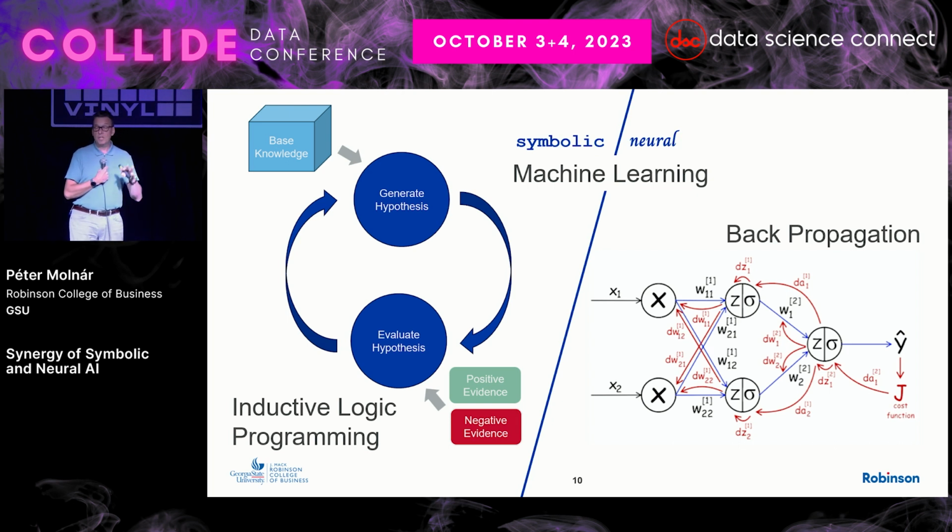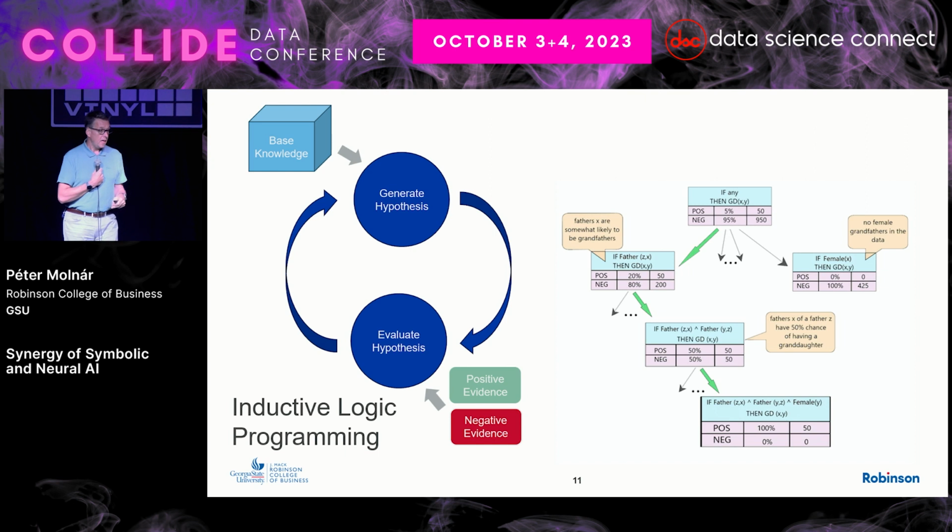In the symbolic space, there is inductive logic programming, which is like the rules that I showed you earlier. We can have training algorithms that work from data. Here's a similar example of defining a relationship. In this case, the example is a grandfather, which is a parent of a parent, or the father of a parent.